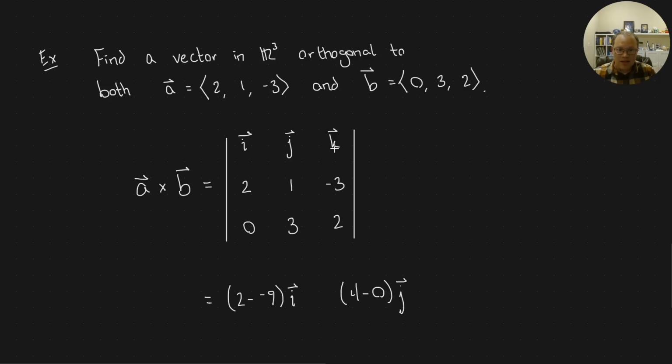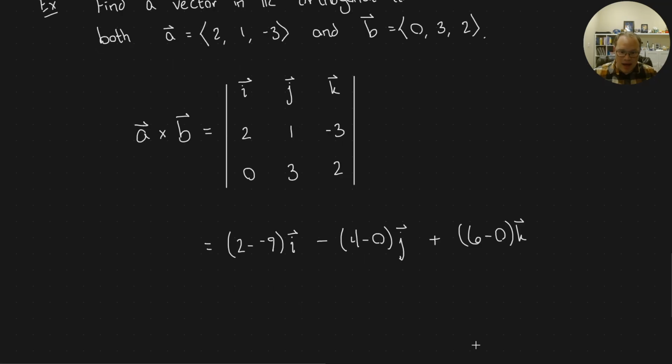And finally, the last component in the row, I get 6 minus 0, times k. Alternate signs: plus, minus, plus, and I have my vector written in terms of the standard unit vectors.